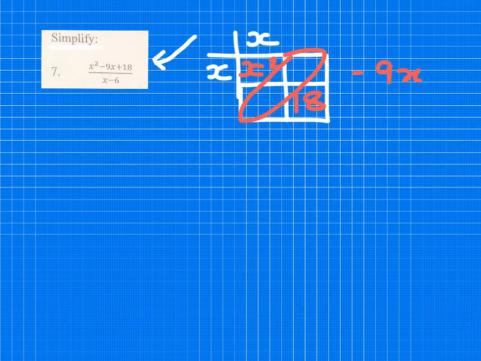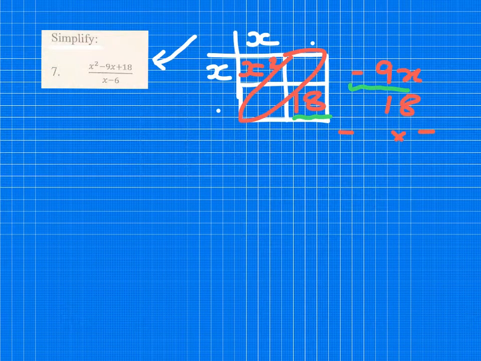We also know that these two numbers here must multiply together to make 18, but they must also add together to make minus 9x. So because they're multiplying together to make a positive number and adding together to make a negative number, we know that they must be negative, because to get a positive 18 we need to do a negative times a negative.